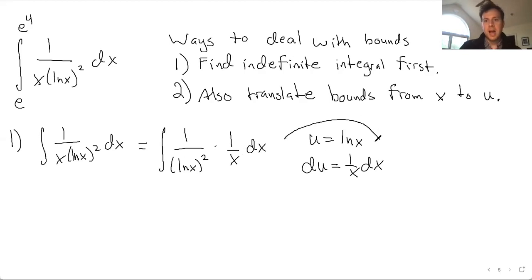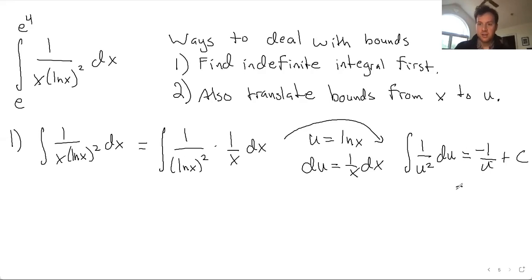If we make that choice, then 1 over x dx all gets sucked into du. The natural log becomes u. This is a power rule problem. Skipping to what it ends up being, this is negative 1 over u plus c, and then u was the natural log of x.